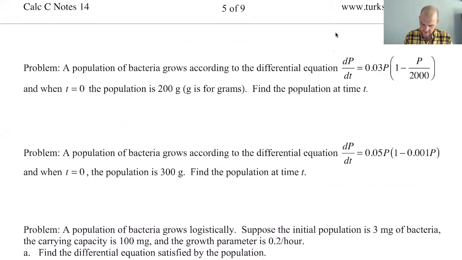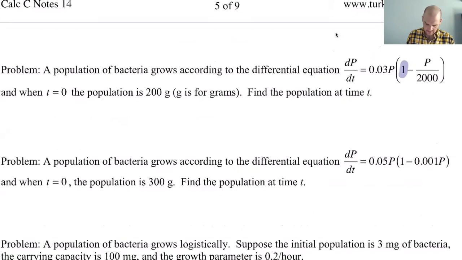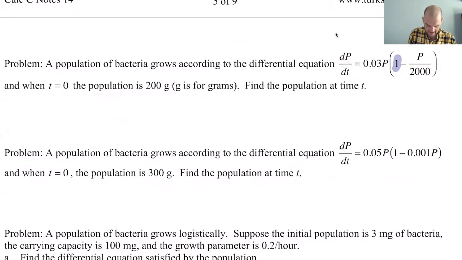We have a differential equation. It's already written the way we need it to be because of the 1. That's what you're always looking for. That's the key to making everything that we memorized actually run the way it's supposed to. So I need to calculate A. What do we know here? We know that P of 0 is 200. That's given.